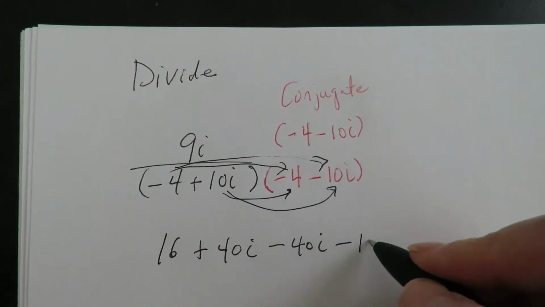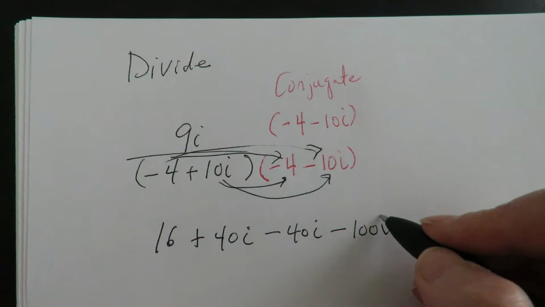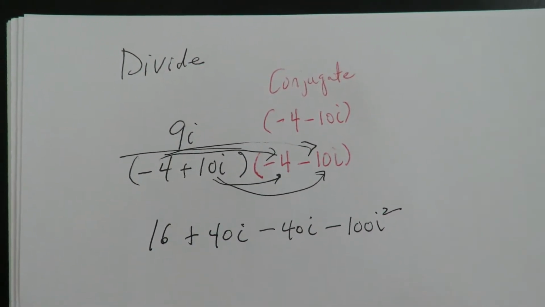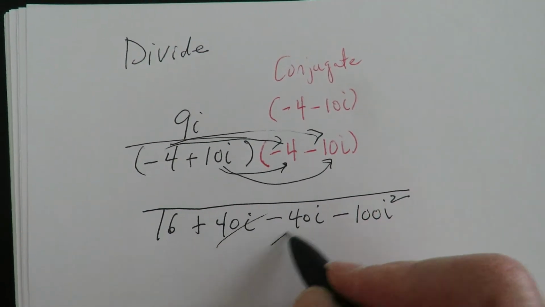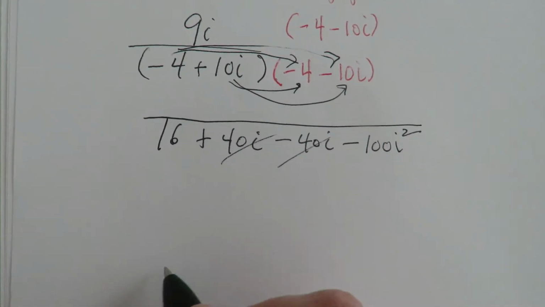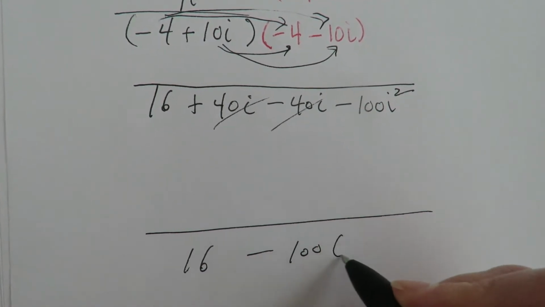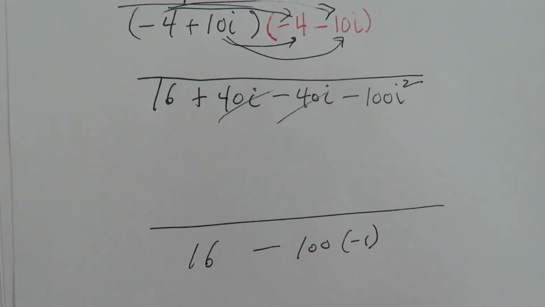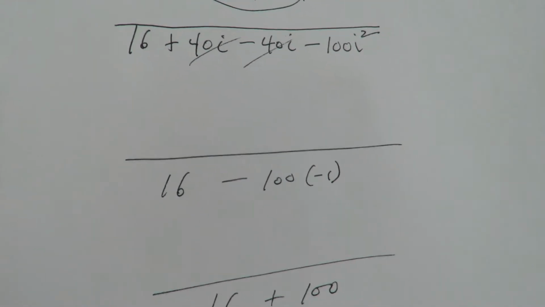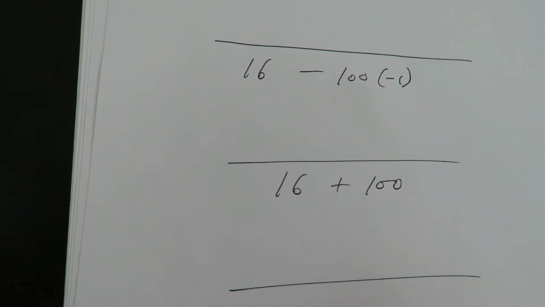This will be negative 100 i squared. Right, the middle terms will always go away. I'm just going to keep hanging out with the bottom for a minute. The i squared is a negative 1. So this multiplied times this is going to make a positive 100. So we're going to get 116.